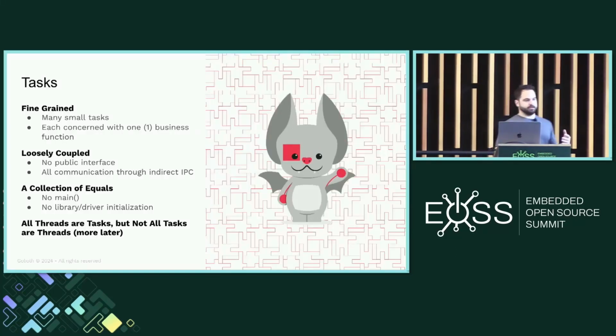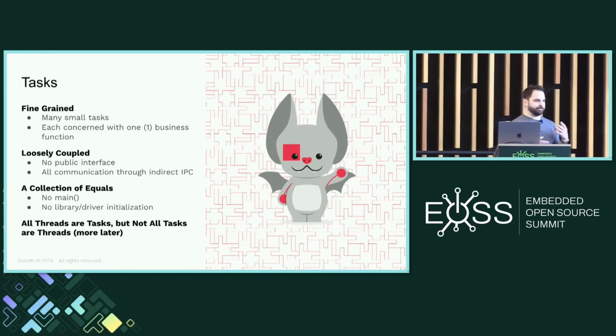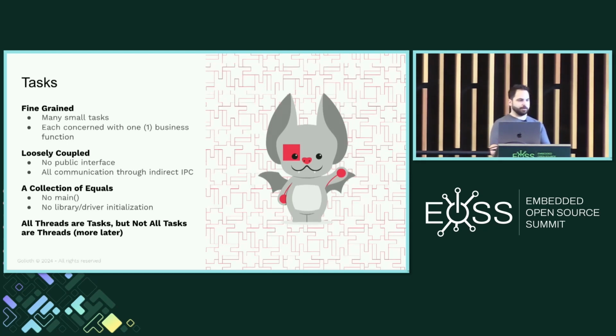So tasks. Like I said, they are fine-grained, many, many small tasks. You want your tasks to be as simple as possible. They should really just do one thing, and you should think about them as what I'm calling business functions here, but essentially either a feature or hardware support to do one of those things. And they should be loosely coupled, which is something you've all heard before. The way I like to define it is no public interface. So there are no header files for tasks.